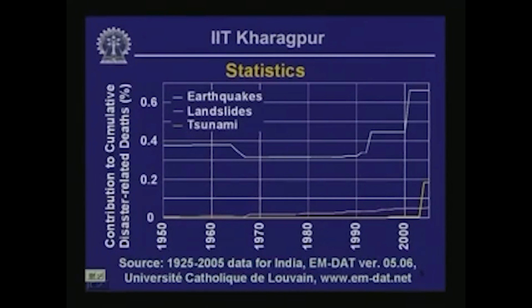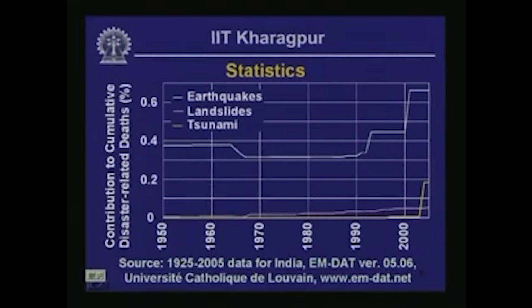To get a feel for the relative importance of these different types of hazards, we normalize the contribution of each individual hazard to human casualty related to earthquakes, landslide, and tsunami in this particular case, with the cumulative disaster related deaths recorded from 1925 to 2005.